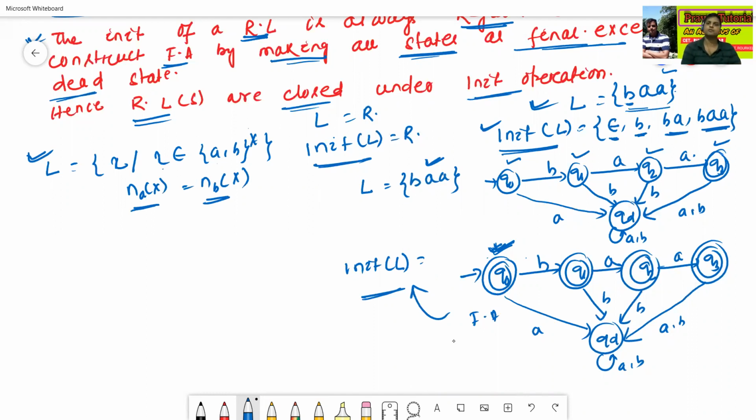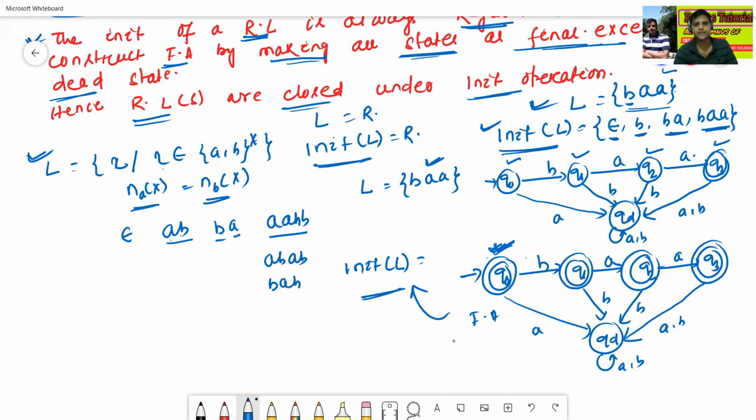Suppose epsilon is a valid string. AB is a valid string because it contains only one A and only one B. BA is a valid string. Suppose double A, double B is a valid string. Suppose AB is a valid string.